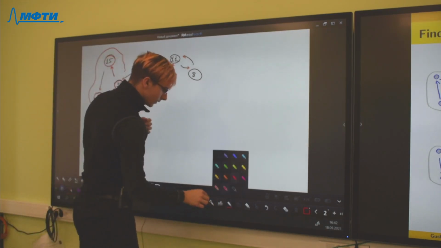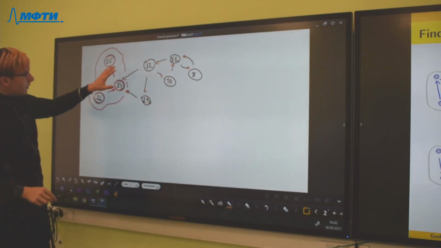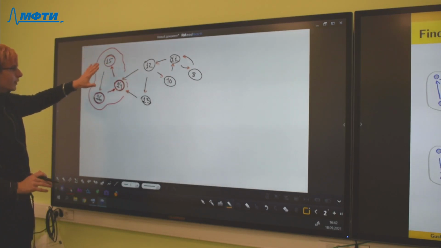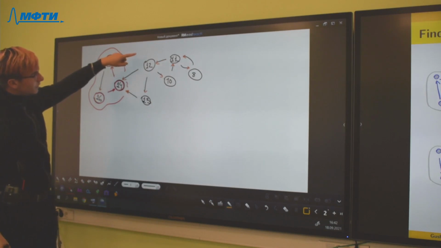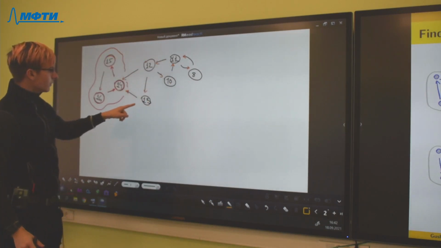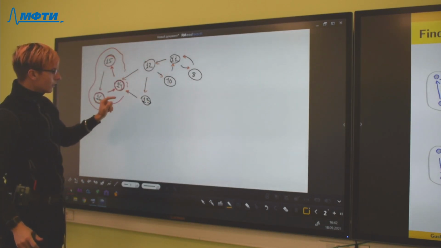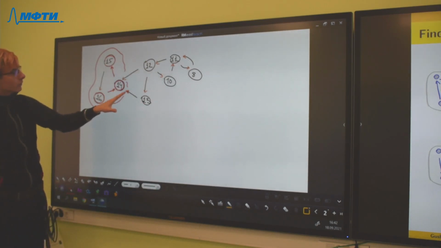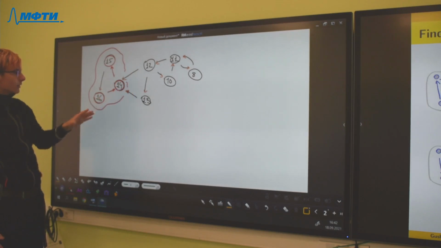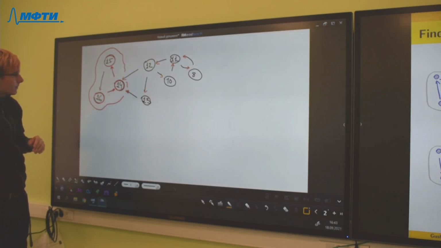Then we can forget this part of the graph and see that 13 is the biggest number of the part that we haven't visited in the first step.